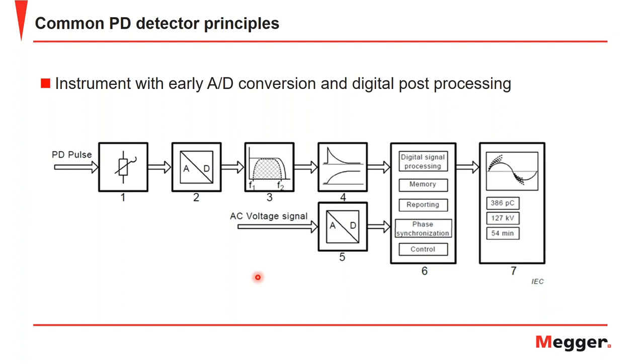And this follows the idea of the 60270 so-called quasi-integration, but instead of using a low-pass filter, F2 on the filter block here, 3, takes care of the integration. So the numerical integration is sometimes not necessary.